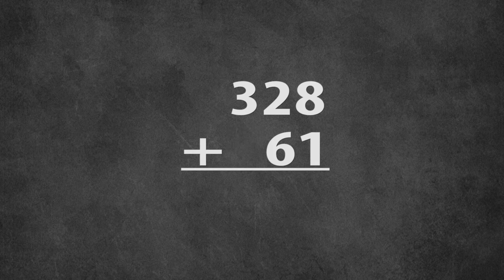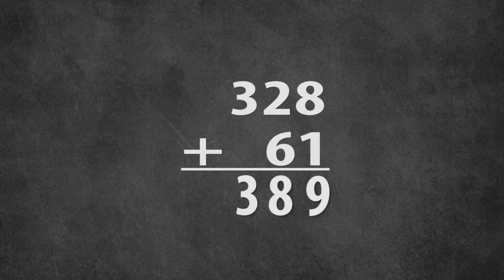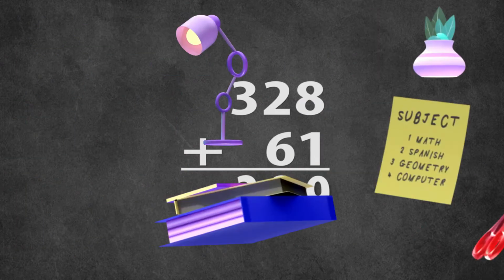We need to start by adding the numbers in the ones column, then the tens column, and then just simply write the 3 from the hundreds column down below because there aren't any numbers to add to it. This gives us a final answer of 389.